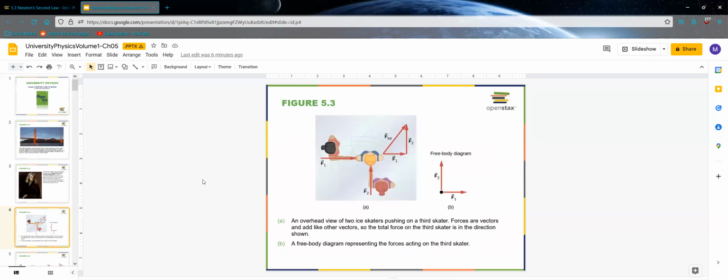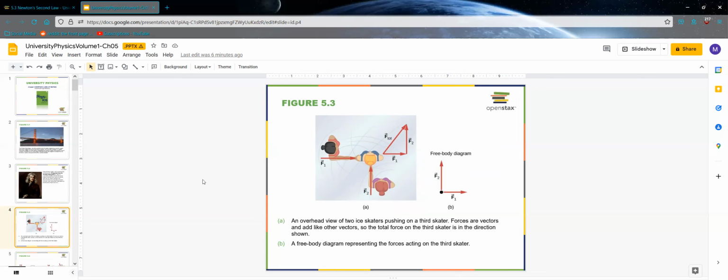In this chapter and going forward, we're going to do a lot of free body diagram conversations. I believe we've discussed free body diagrams a little bit, but basically a free body diagram, as shown here, explains what's happening to an object: the vector, the direction, the orientation, the scalar of what's actually happening.